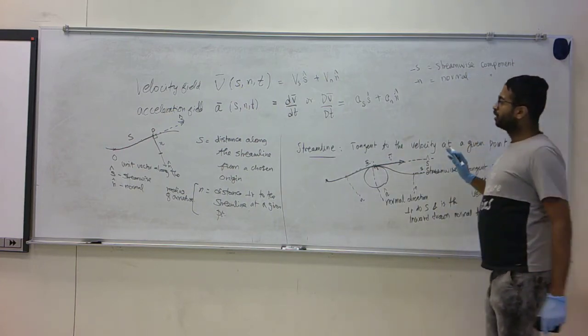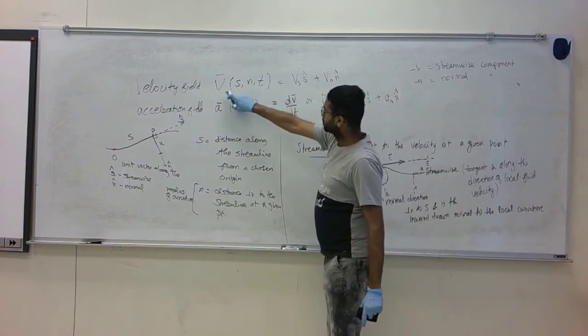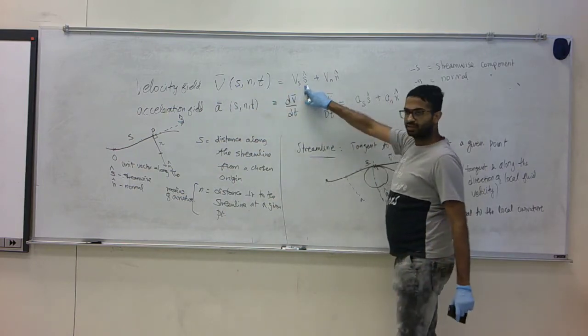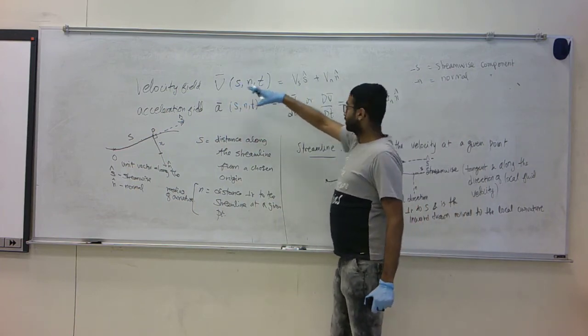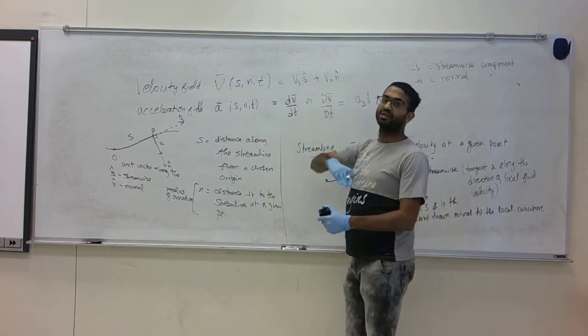Now I told you that the velocity and the streamwise direction are one and the same. The streamwise direction is defined as the direction of the velocity.